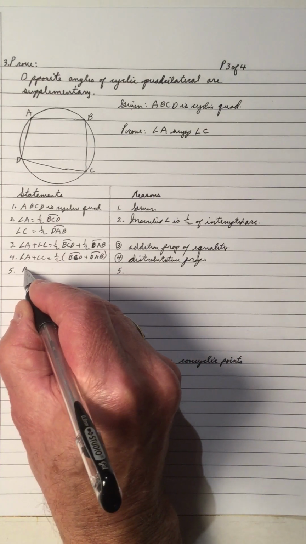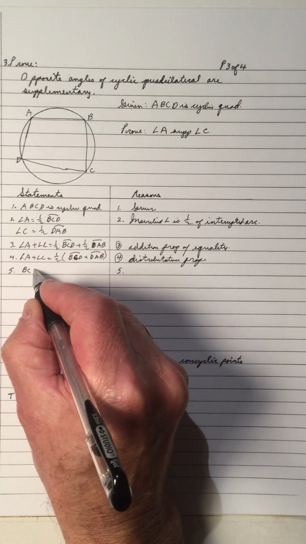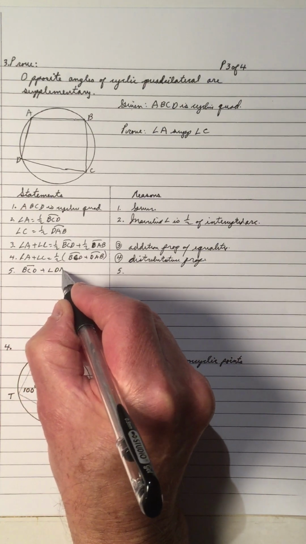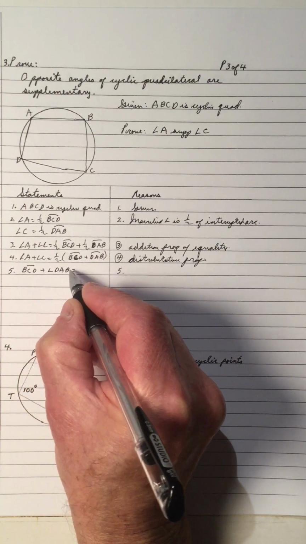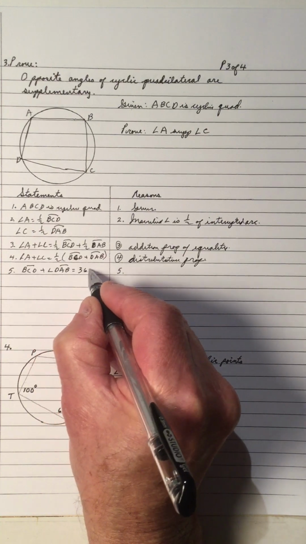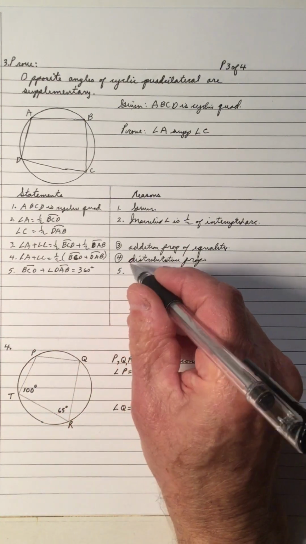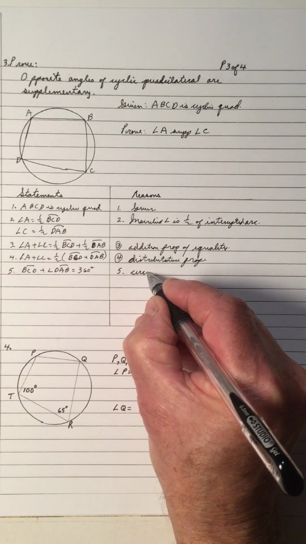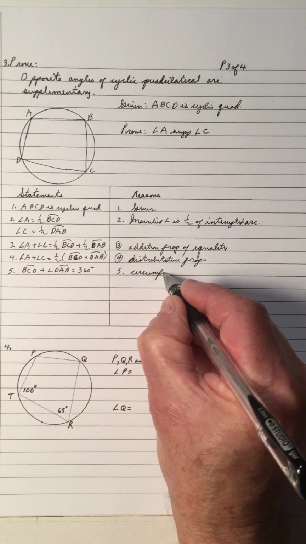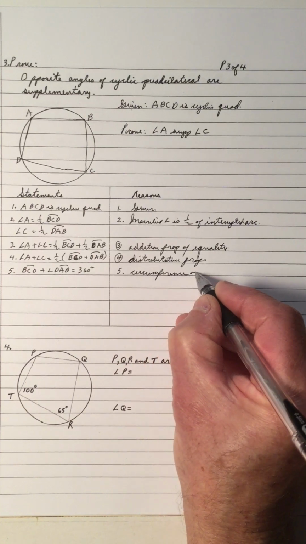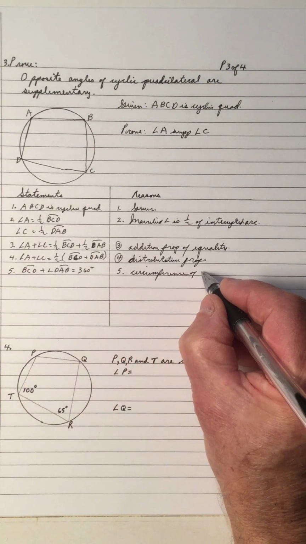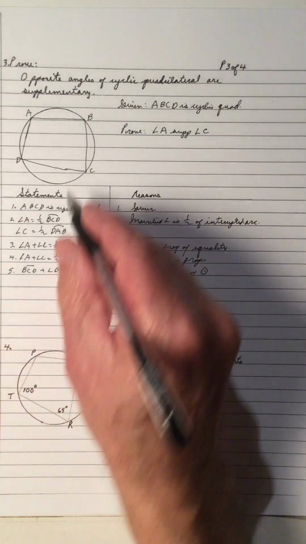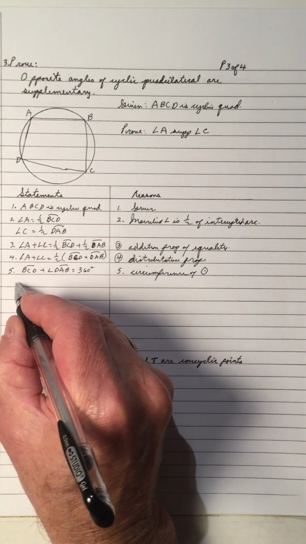So the arc BCD plus the arc DAB is equal to 360 degrees, because the circumference of a circle all the way around is 360 degrees.